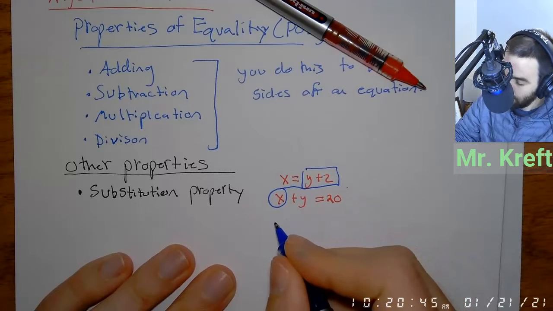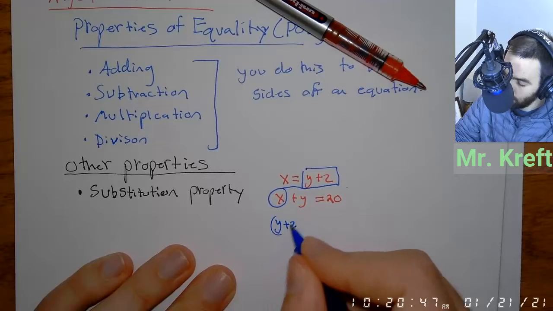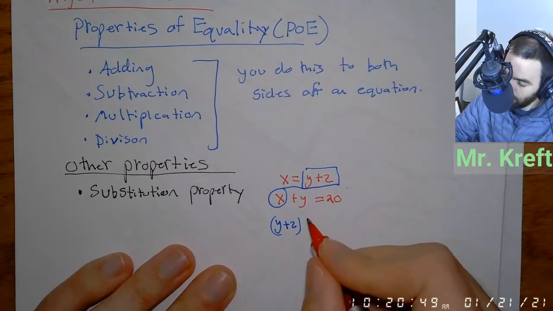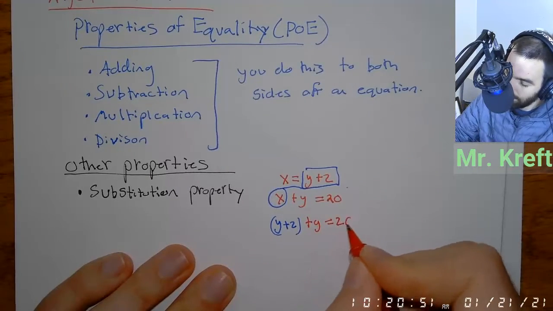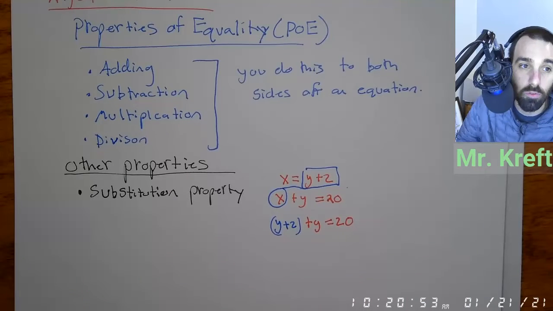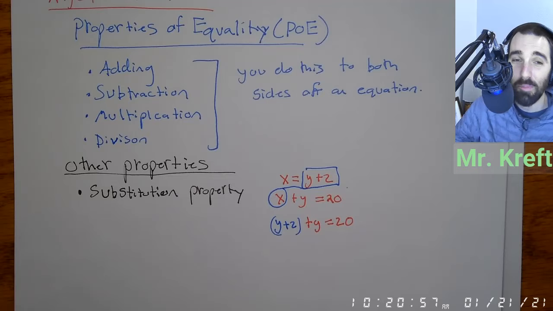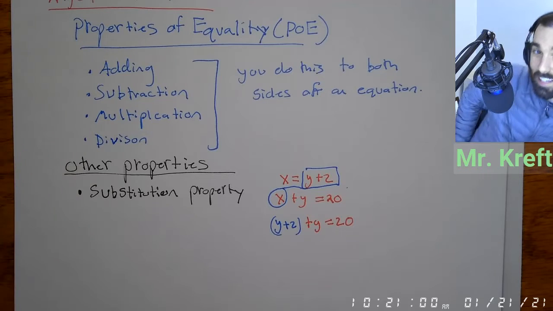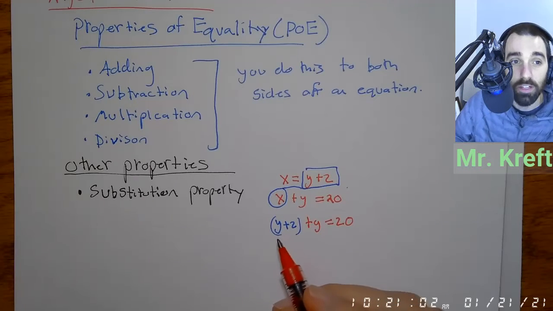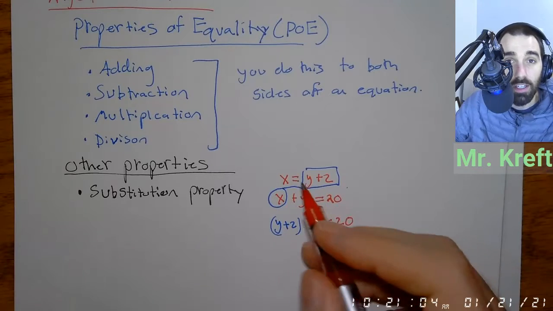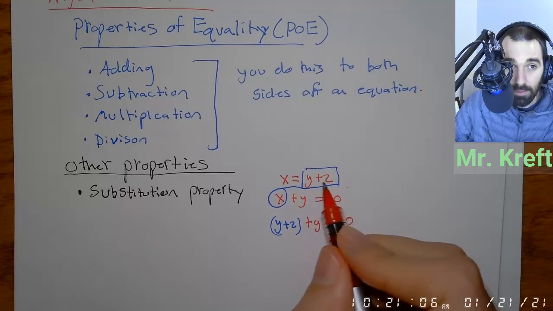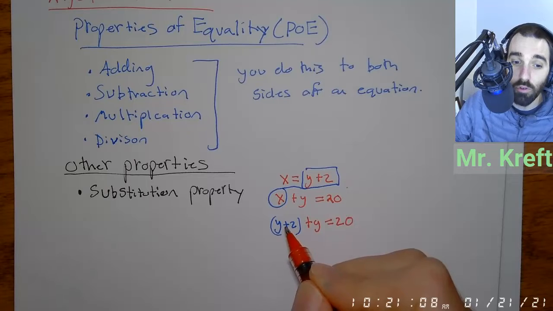So I would get y plus 2 plus y equals 20. Okay? That is substitution. And this is something, I know maybe systems weren't your favorite thing in algebra, but this is what substitution is, right? So it's when you take something and you replace it.